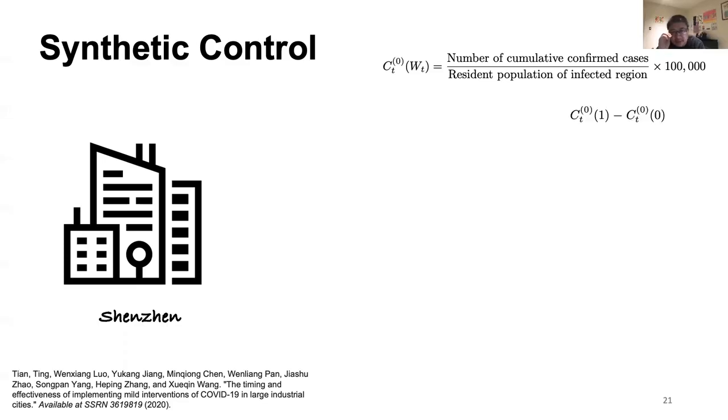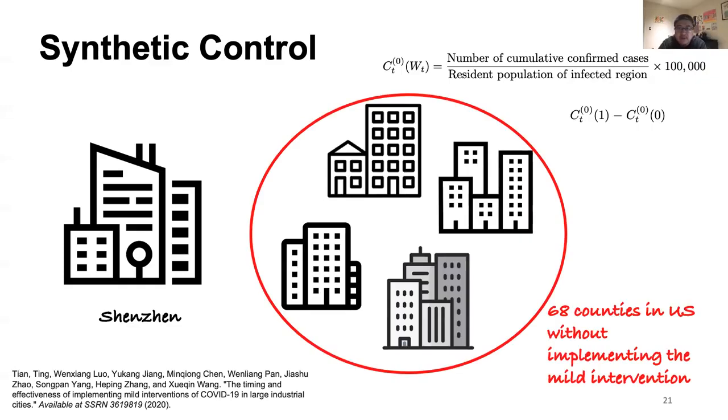So in this paper, the authors try to leverage the data from 68 counties in the US without implementing the mild interventions as, quote unquote, synthetic controls to estimate the treatment effect.